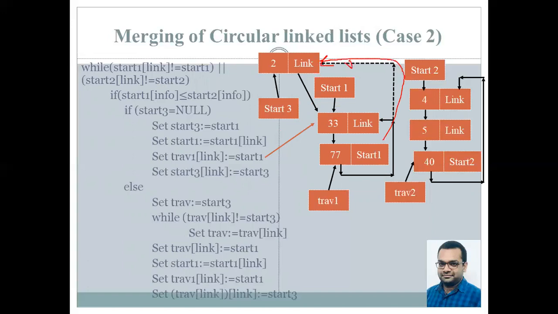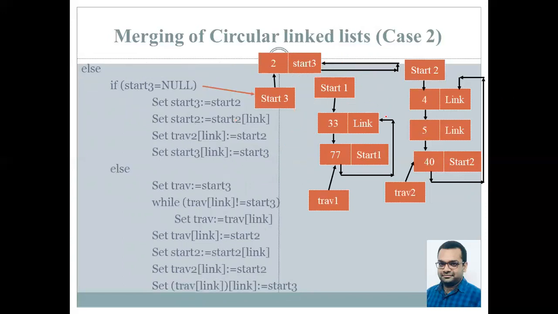Now this link ceases to exist and starts pointing over here. And we set start3's link equal to start3. Earlier it contained the address of the first node. Now this is changed, and start3 points to itself, because this is the first node to be inserted and this is the property of the circular linked list. We'll see the later cases ahead.